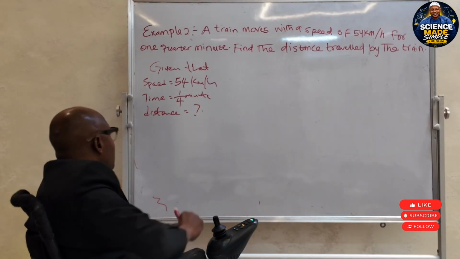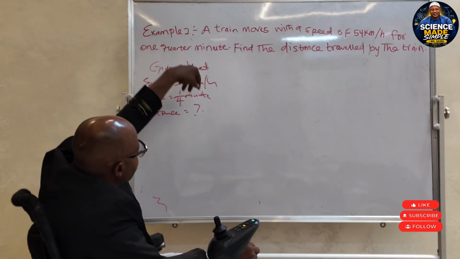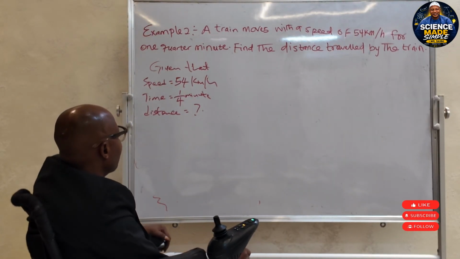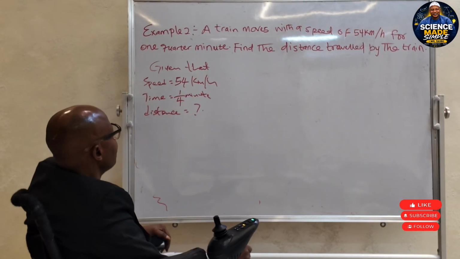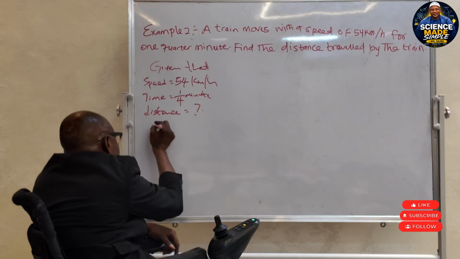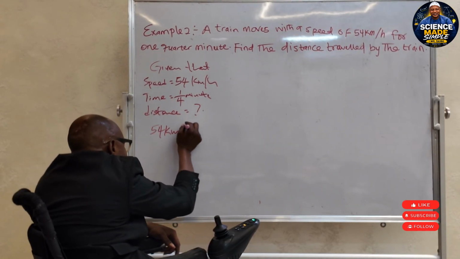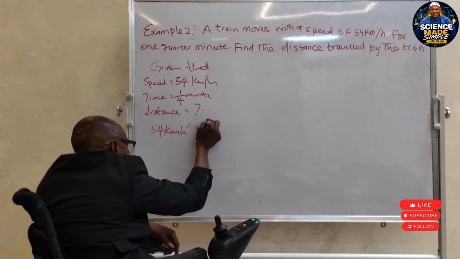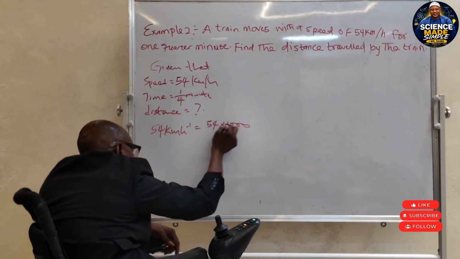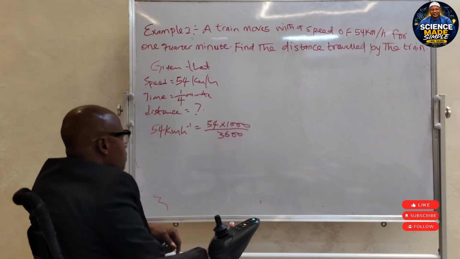Now, speed is given as 54 kilometer per hour, so we have to convert that 54 kilometer per hour to meter per second. 54 kilometer per hour is equal to 54 times 1000 divided by 3600.